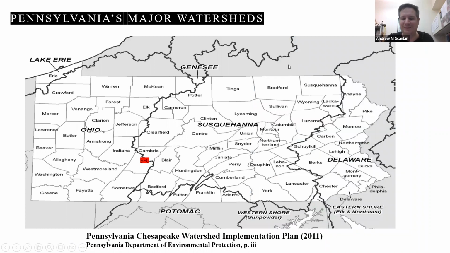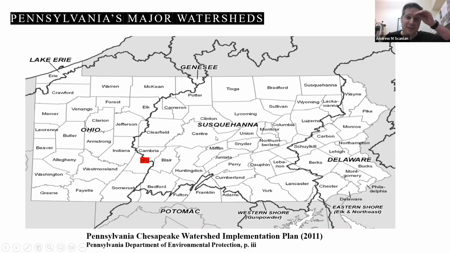So a little more geography lesson here for you. This is the state of Pennsylvania, as you all know. Pennsylvania has a couple major watersheds: there's the Lake Erie watershed, the Ohio River watershed, the Susquehanna watershed, Delaware, Potomac. We're blessed with many, many rivers, with 2 major rivers, the Susquehanna River being one of them, and the Ohio River as well. The Susquehanna watershed is not the whole state, but more than half the state, going through a little bit of Western Pennsylvania and mostly central Pennsylvania.